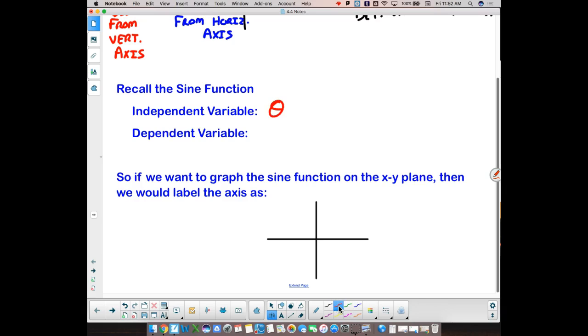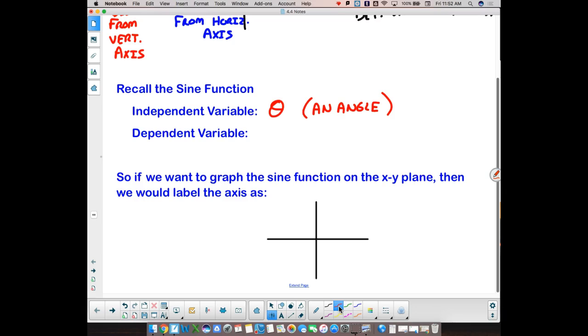We'll call it theta. What do I get out of the sine function when I put theta into it? This one's kind of a trick question.